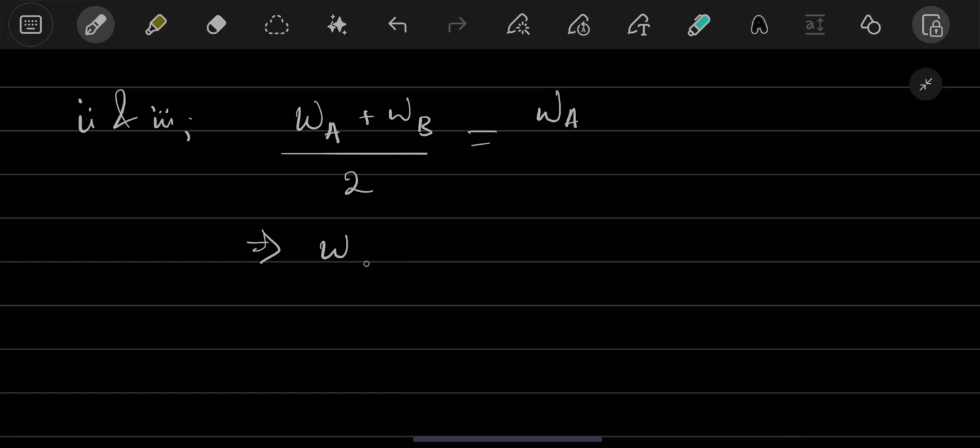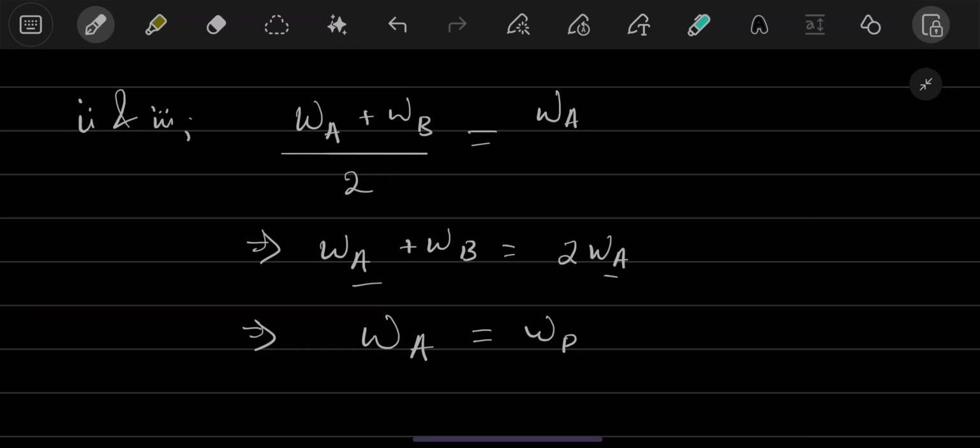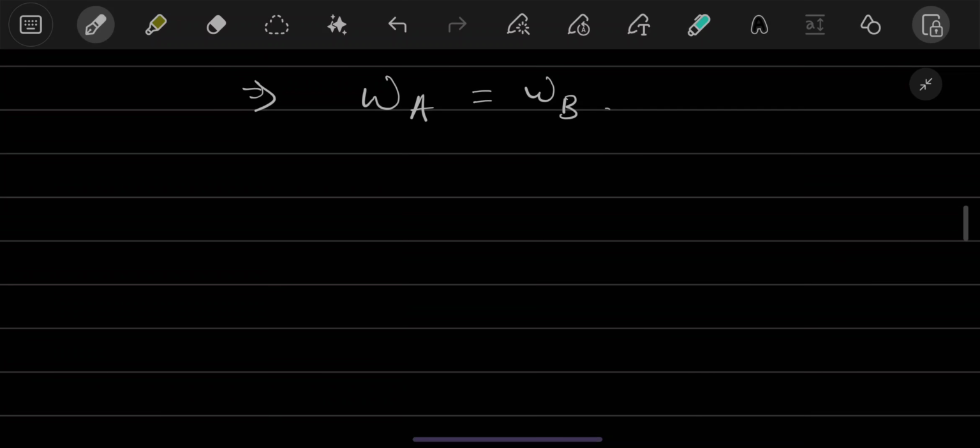Okay, so from here we get WA plus WB is equal to 2 times WA. Therefore, this will get subtracted. Therefore, the weight of the solvent is equal to weight of the solute. This was our fourth equation.